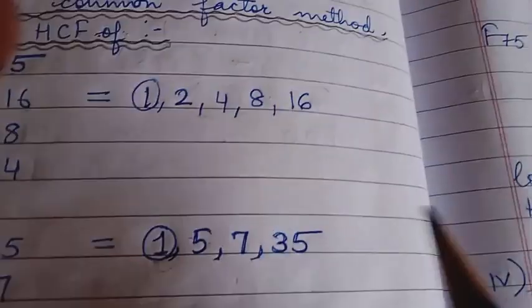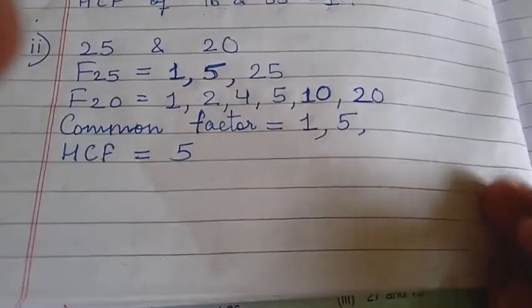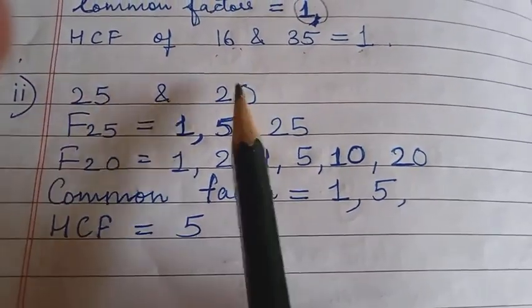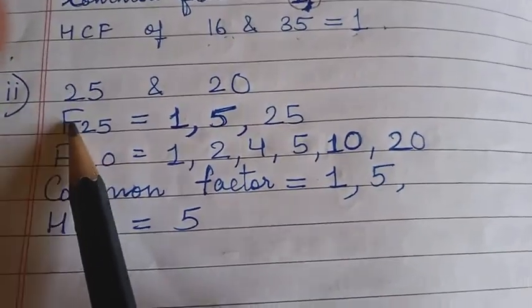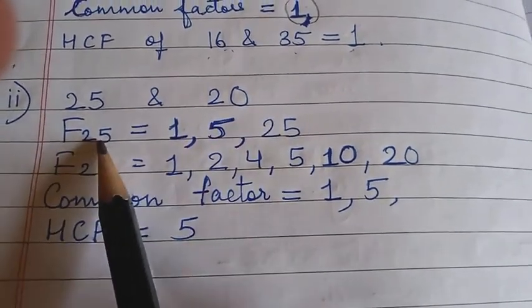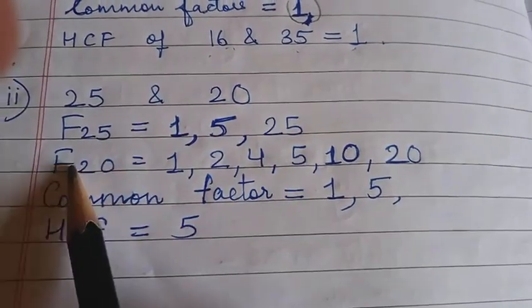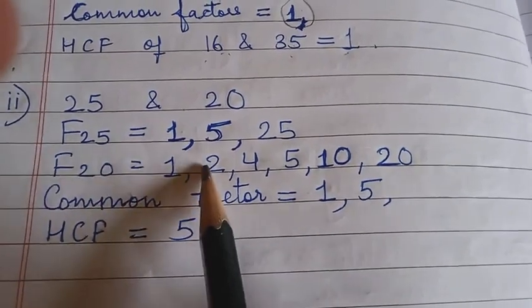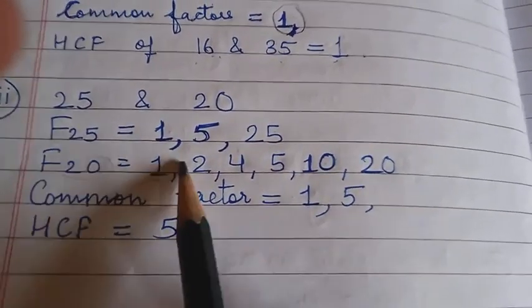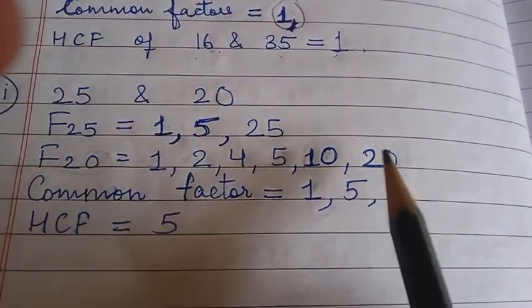Now let us see a second example so that there is no confusion left. 25 and 20: here I have written directly factors of 25, 1, 5 and 25, because 25 comes in only these three tables. Factors of 20: 1, 2, 4, 5, 10 and 20. 20 comes in all these tables.